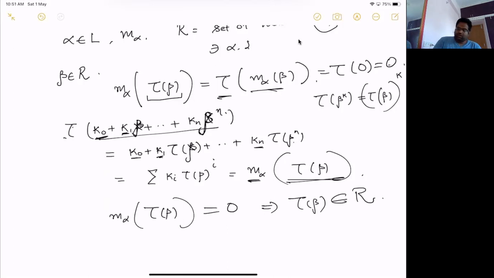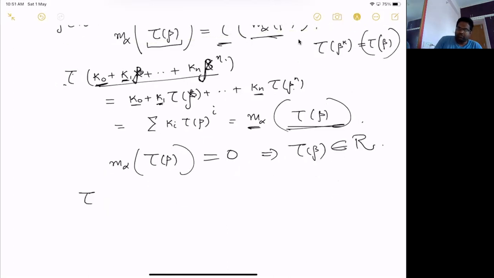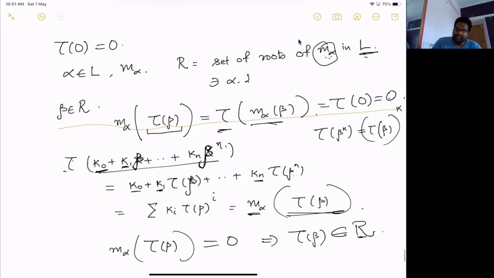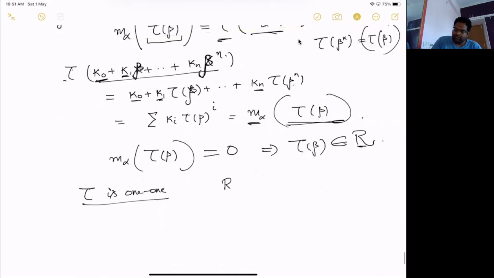Okay. Now, so far we haven't used the fact that tau is one to one. Now we know that tau is one to one. And R is a finite set because the number of roots of the minimal polynomial is finite. So each root of the minimal polynomial of alpha is sent to another root of m alpha. So R is finite and tau is injective, and therefore this must be surjective.